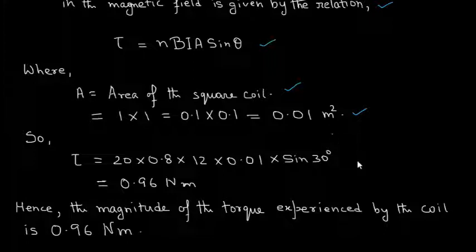So tau is equal to, putting all the values, 20 multiplied by 0.8 multiplied by 12 multiplied by 0.01 multiplied by sine 30°. Upon solving, we get 0.96 Newton meter. Hence, the magnitude of the torque experienced by the coil is 0.96 Newton meter.